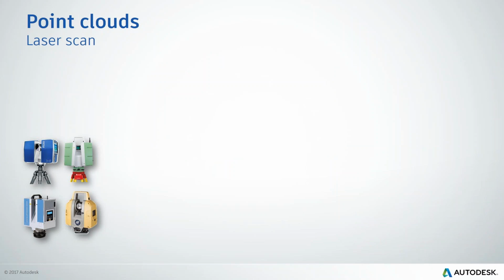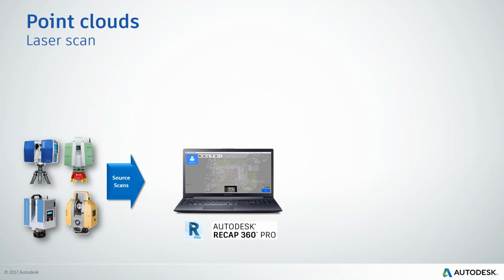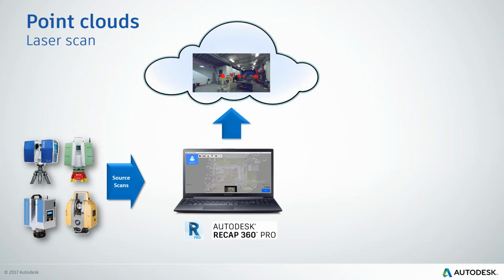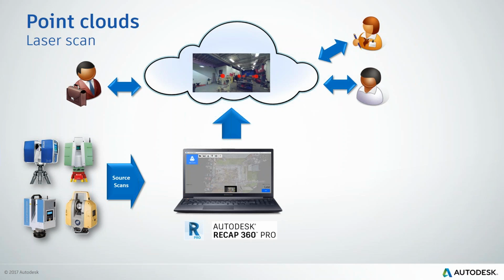But what we can do also is use point clouds, which are coming from laser scan. So if I have the data from laser scan and I want to start rehabilitation with the Autodesk portfolio, you can do this, because we can take these source scans to Recap Pro, where we can process them. And we can also publish them to cloud, which means that other people can view them, so I can share it maybe back with the surveyor if he is happy with that, or with some authorities.